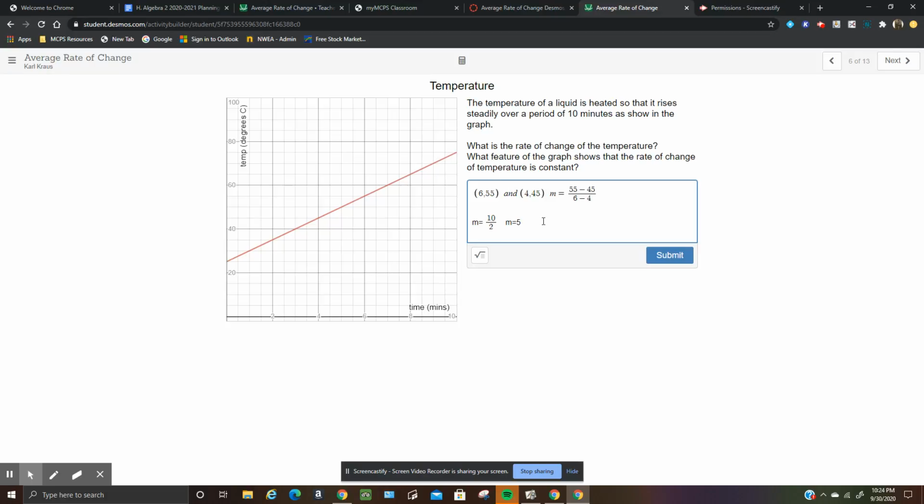So it's 5 degrees per minute. Because this is a line, I could just say lines always have a constant rate of change.